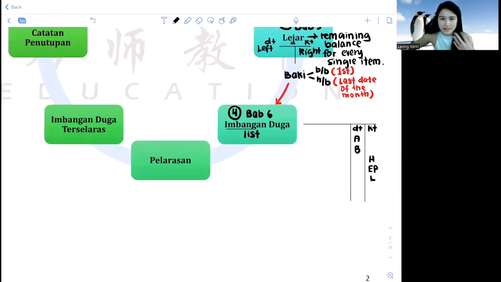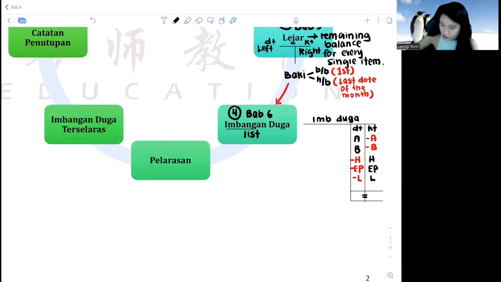Now, of course, we also have some items with their negative version. So if you ever find them in negative version, then negative version shall sit on the credit side for asset and belanja. Negative version of hasil, EP, and liability would then be on the debit. So this is gonna be how we fill up the imbangan duga, and to make sure you get your left and right side to be balanced. Okay, so this is imbangan duga.